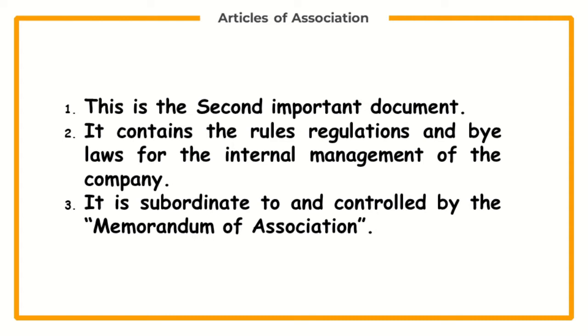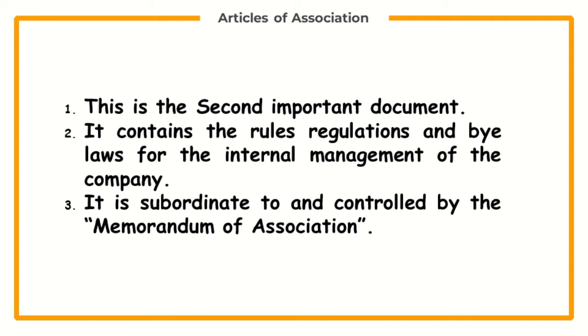Memorandum of association lays down objects and powers of the company. Articles of association lays down the modes in which you are going to execute those objects of the company. So the articles of association contains rules and regulations framed for the internal management of the company. This document is subordinate to the memorandum of association.